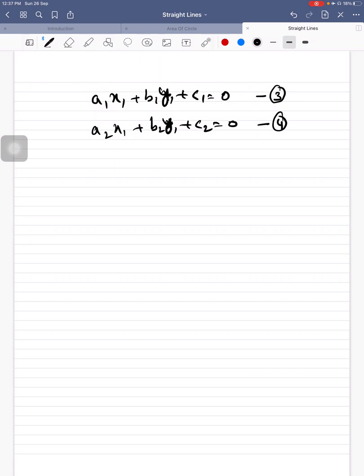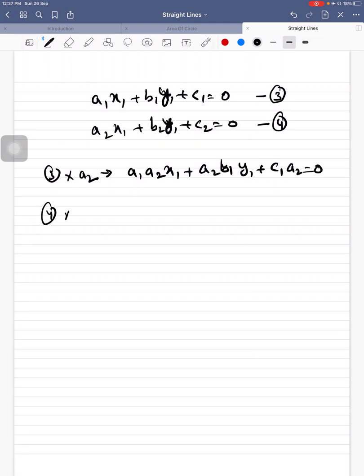See how to solve. Multiply the first equation by a2, we get a1 a2 x1 plus a2 b1 y1 plus c1 a2 equal to 0.